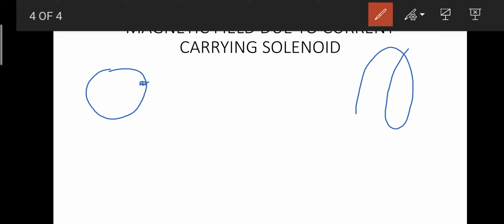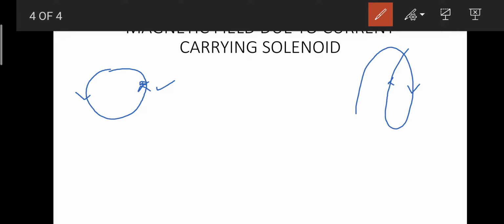If I'm drawing the direction of current as well, the current is flowing in this direction on this particular loop. I will draw it like this. This is the direction of current. Now if the direction of current is like this, and I want to apply the right hand rule, I grasp this wire at this point in my right hand, and the thumb indicates the direction of current, upward.